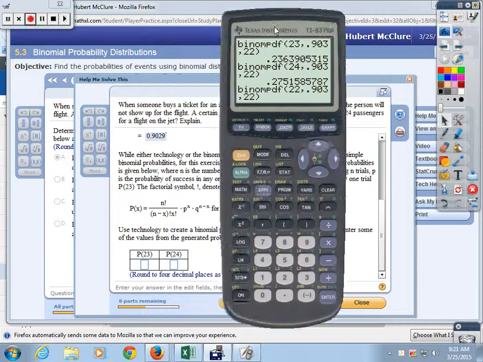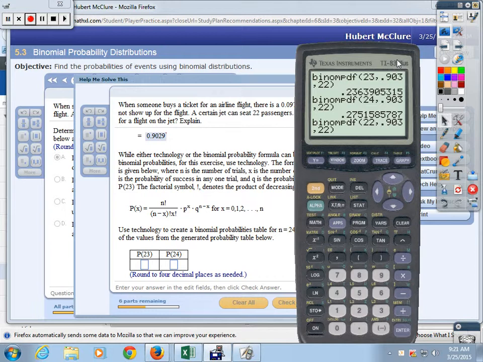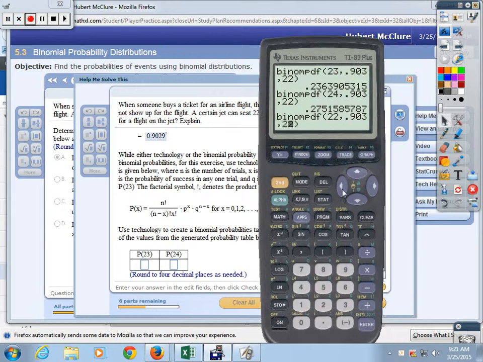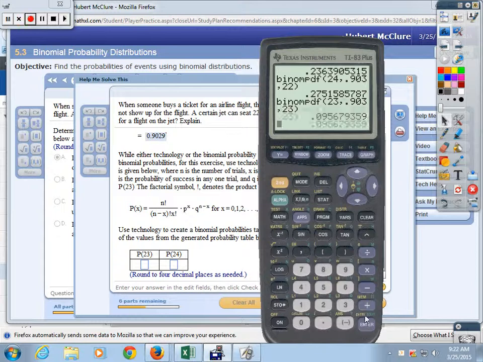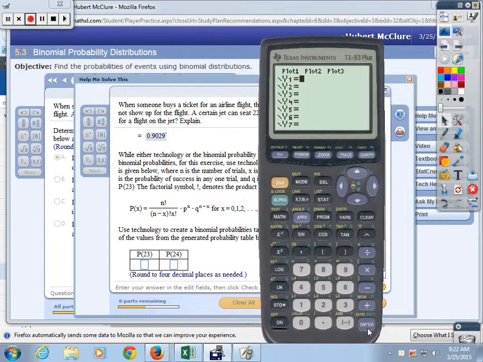Okay, we did that too. Oh, they want to know 24 shows up. 23 and 24. So put a 23 in here and a 23 in here. Alright, write that down. 0.095. And let's see what 24 and 24 is. That's probably what they're doing.